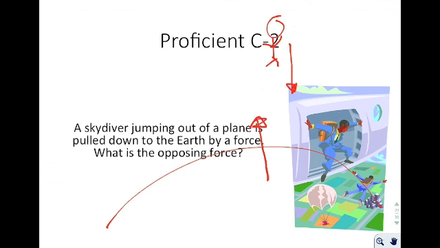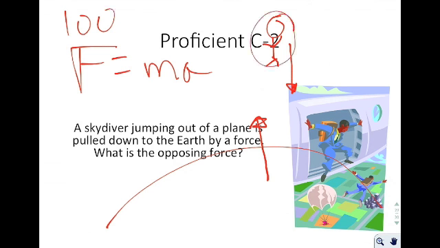You'll clearly see that the earth does not appear to move towards the person. The reason is that if you look at the equation F equals ma, if there's a 100 newton force acting on a person, that person will accelerate fairly highly.